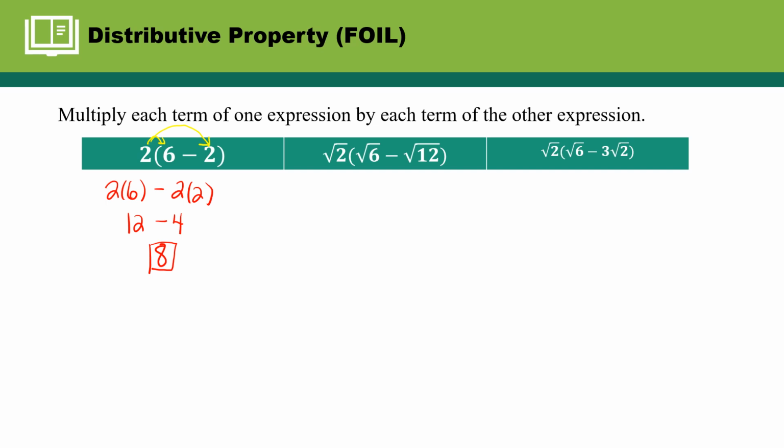For the second expression, we will multiply the square root of 2 times the square root of 6. Subtract that from the square root of 2 times the square root of 12.